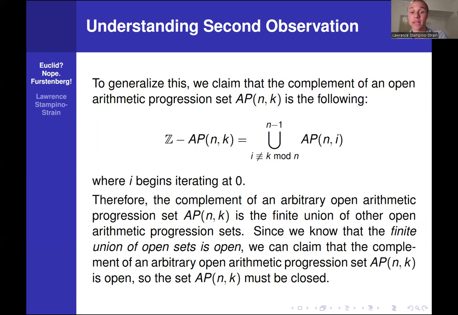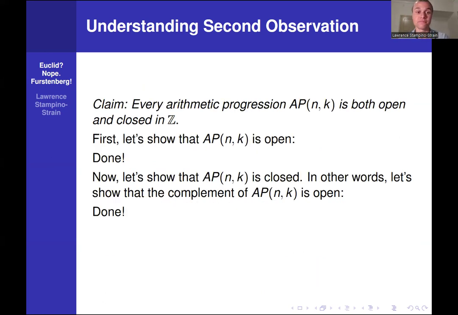So the set AP_{n,k} must be closed, right? If the complement of something is open, then that something itself must be closed. And this is exactly the case for AP_{n,k}. Therefore, we've shown that AP_{n,k} is open, and we've shown that AP_{n,k} is closed by showing that the complement of AP_{n,k} is open.